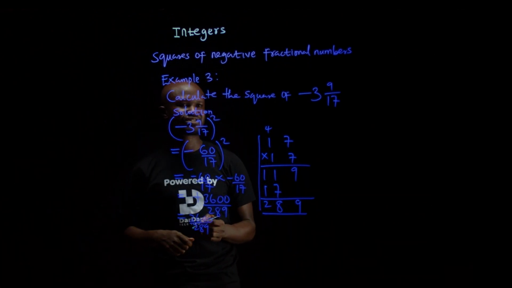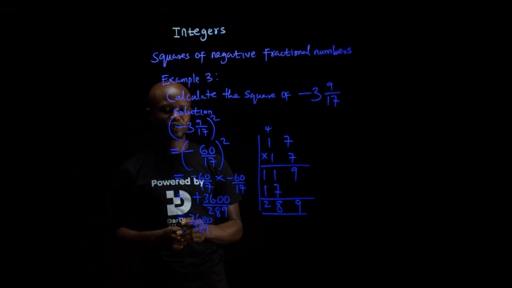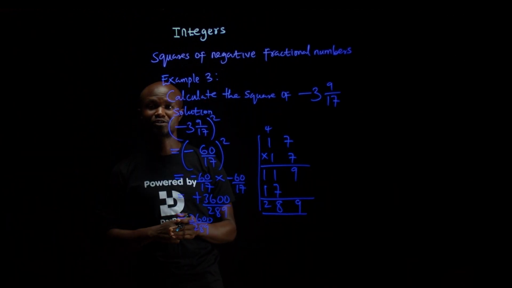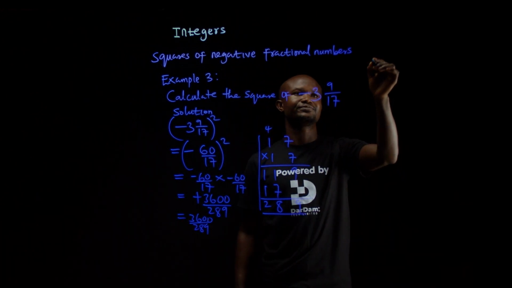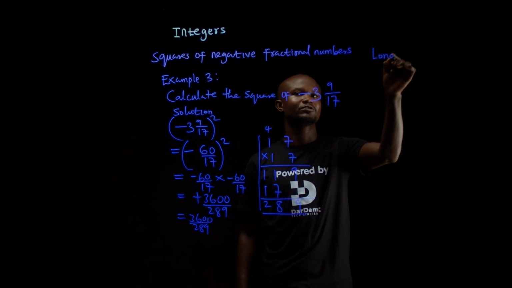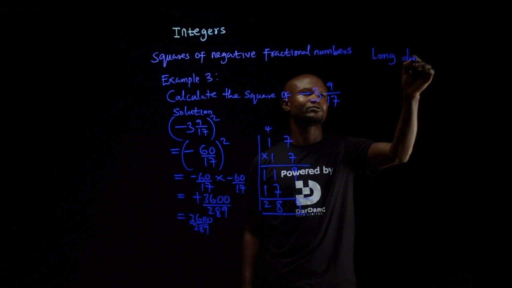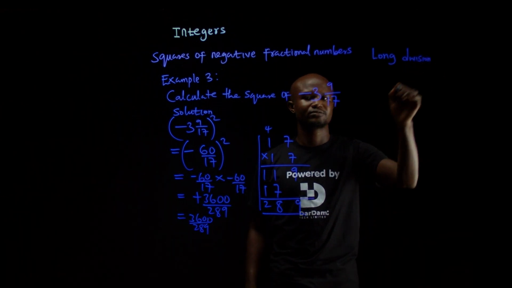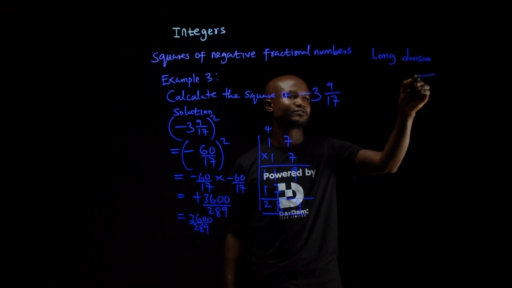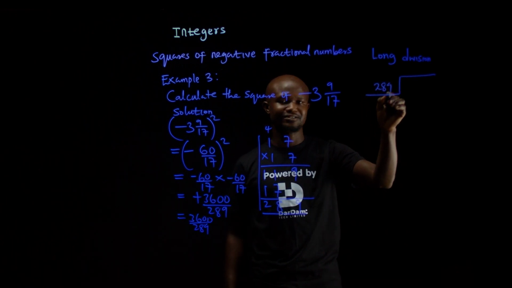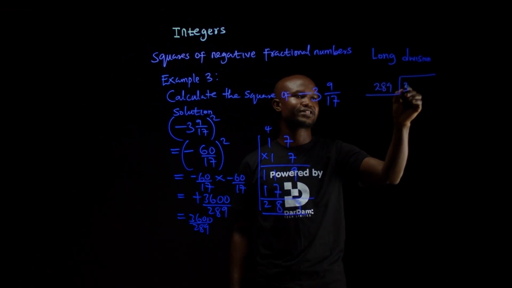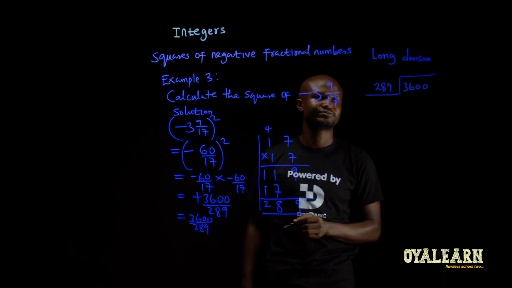So in that case, we are going to consider what we call the long division. So we have 289 and 3600.